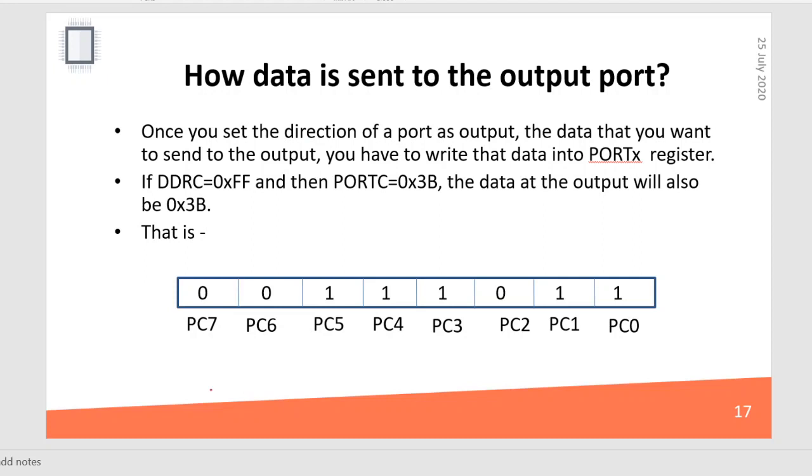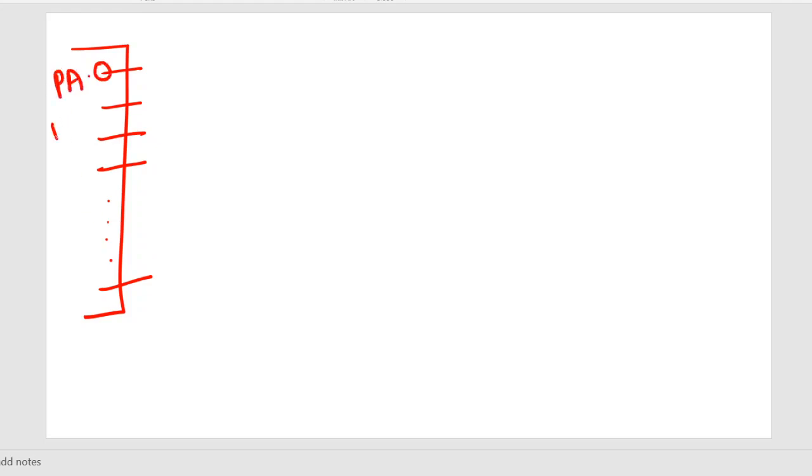That means, for example, I am sending data to port A. Again, for example, this is a microcontroller IC, and there are 8 pins of port A. It can be port B, C or D. All right.